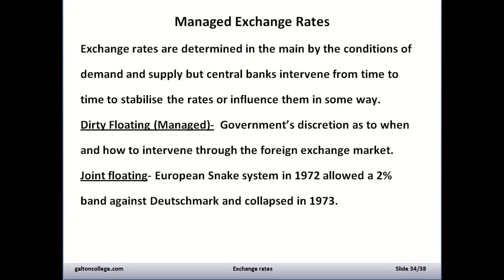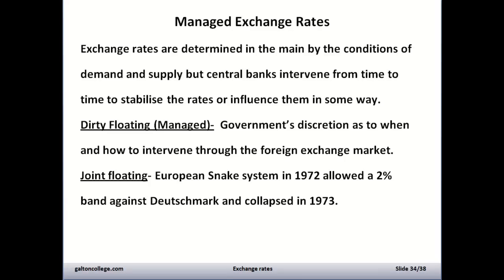That was really one of the starting points for the modern euro. The euro is like an exchange rate that's absolutely fixed. It's 100% fixed. It's so fixed, it's one currency. That is the euro. But joint floating became popular as well, and it still happens.